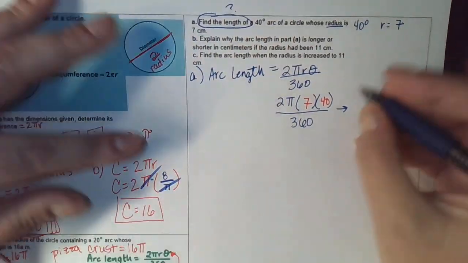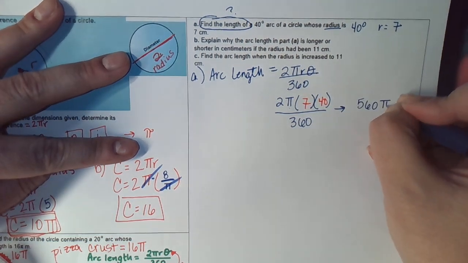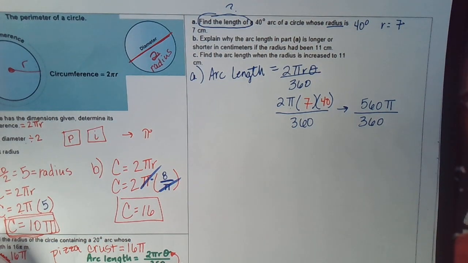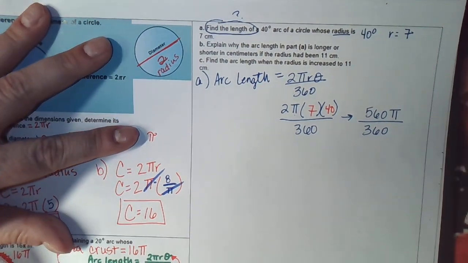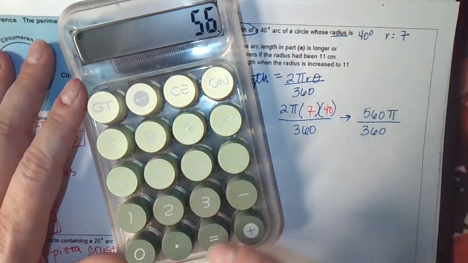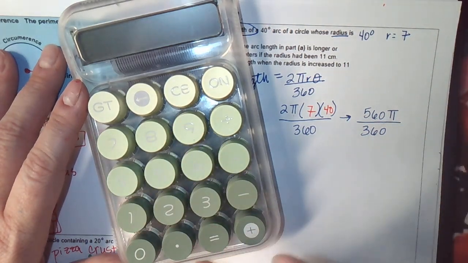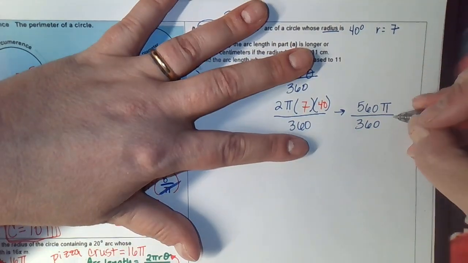560. So we get 560 on top, and there's still a pi over 360. Okay, let's try and reduce. I think you can reduce by 10 for sure, but maybe you can divide by something bigger than 10. 20 for sure. Ooh, I can divide by 40. Okay, let's reduce.